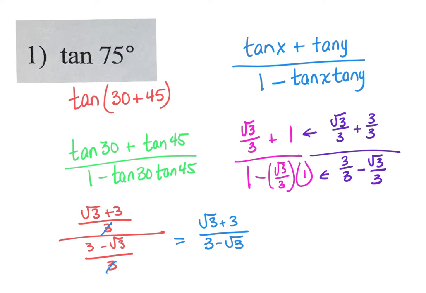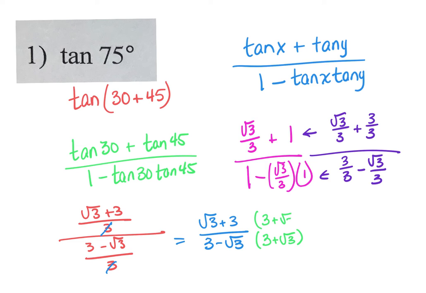I think your answer key actually simplified it more. So is that your answer? No. Why is that not my answer? We need to rationalize it. How do I rationalize it? Conjugate, right? Y'all remember conjugate?